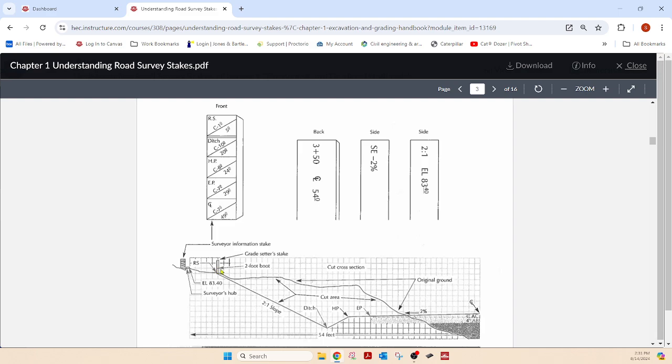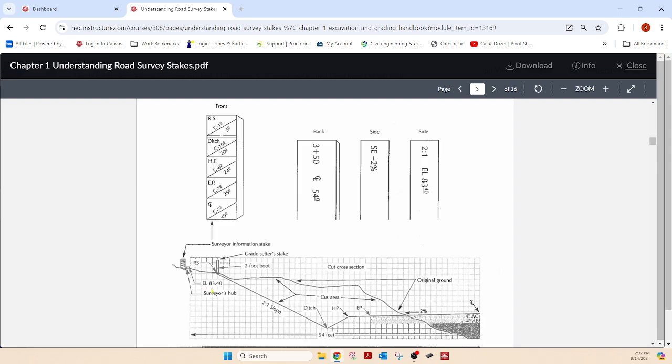That's where you start, whatever that elevation is. And I found that the survey elevation is 83.4. So the grade setter hub is 82.4. So that would be the first thing you needed to know.